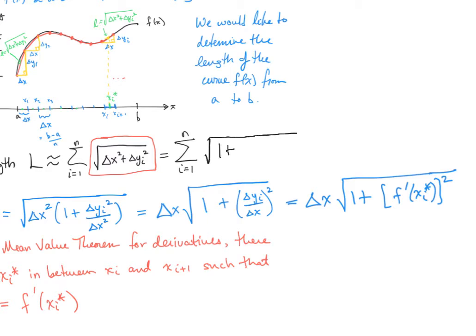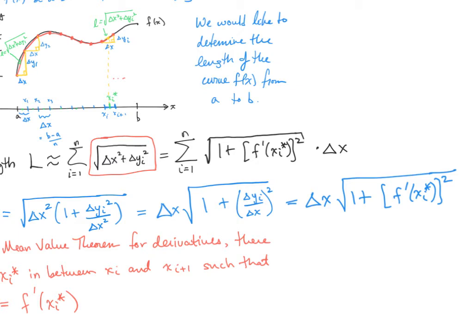So this is the square root of 1 plus the derivative at x sub i star squared, and then times delta x, which is outside of the square root. All right, and so that's going to be a great approximation for this arc length.